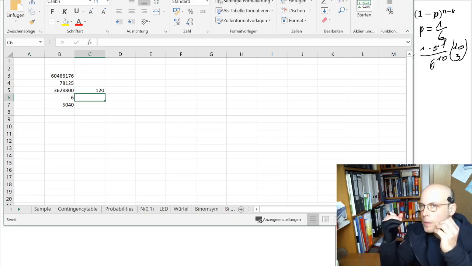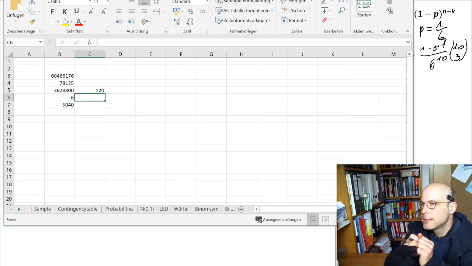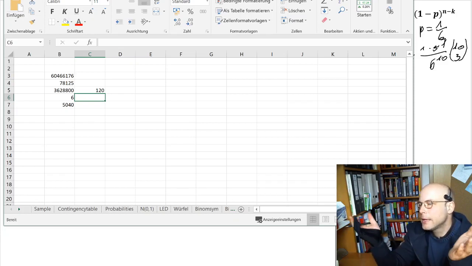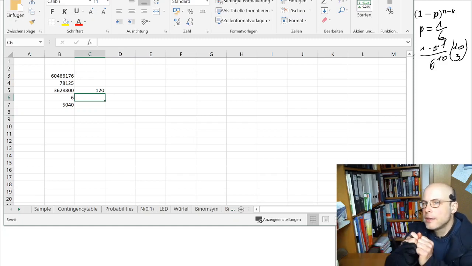So we have 120 possibilities. What is one possibility? The first possibility is, of course, in the first 3 rolls we roll a 6, or another possibility is to roll a 6 at event 8, 9, 10, or at event 2, 5, 7. All these are the possibilities.